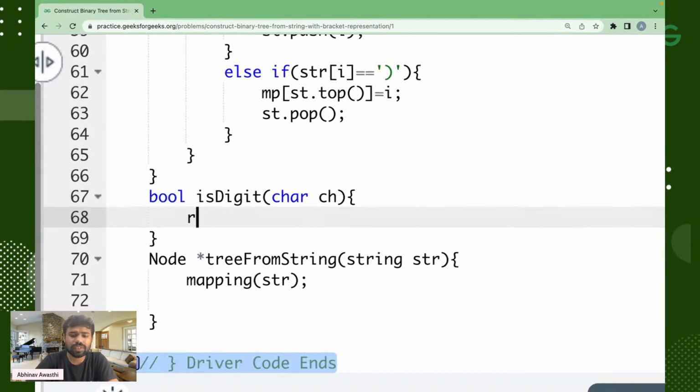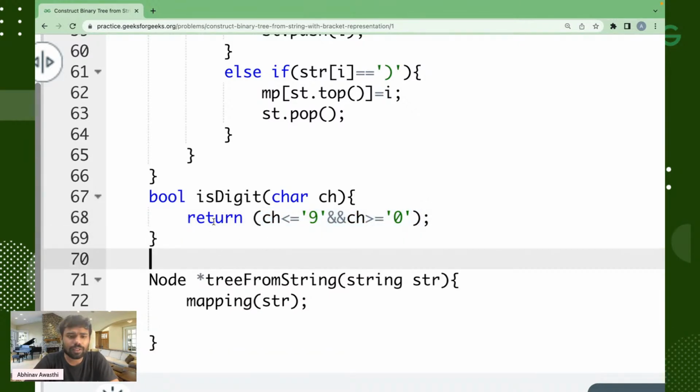We simply return whether ch is less than or equal to 9 and greater than or equal to 0. If this holds, it is a digit. Otherwise, it's obviously a bracket. That is the helper function that we have.